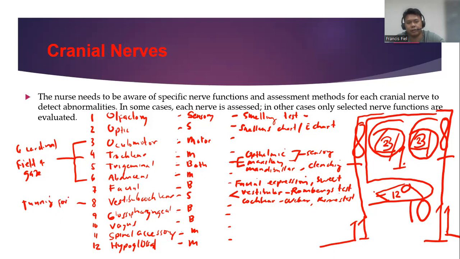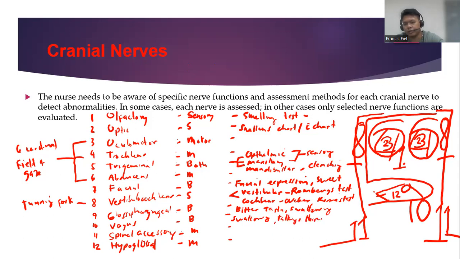Now for the glossopharyngeal, this is the posterior part of the tongue, which is bitter taste, and also for swallowing. The vagus nerve is also for swallowing and for talking.